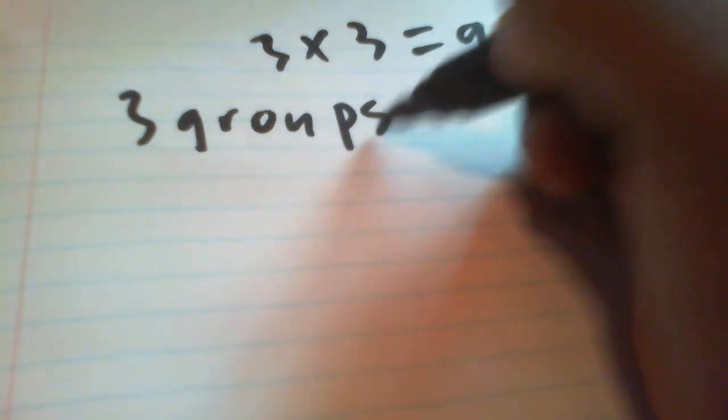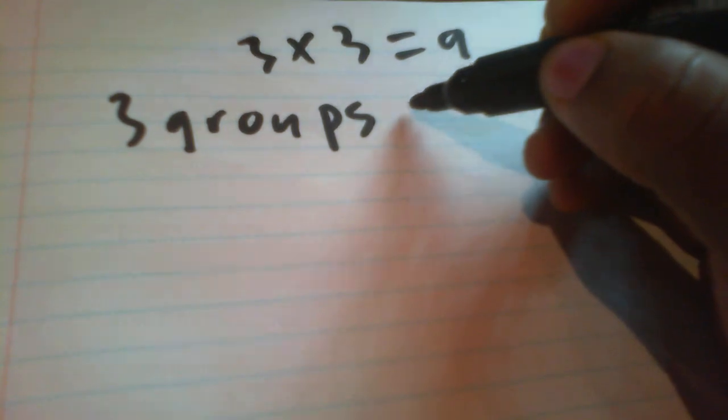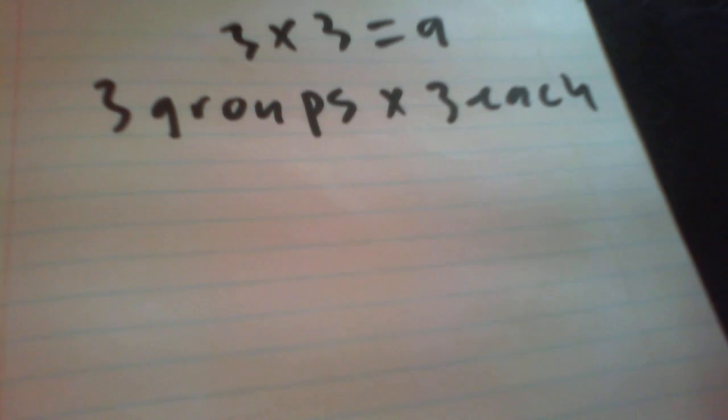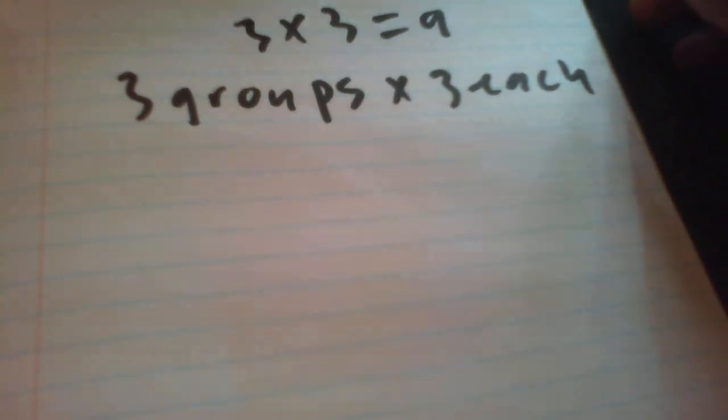So I spoke about 3 by 3, okay, which is equals to 9. So now this is telling me that I am going to have 3 groups, and each group is going to have 3 each. So group 1 is going to be the theorems that have to do with the centers.